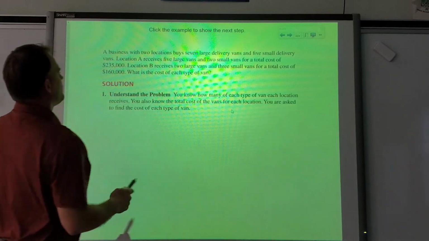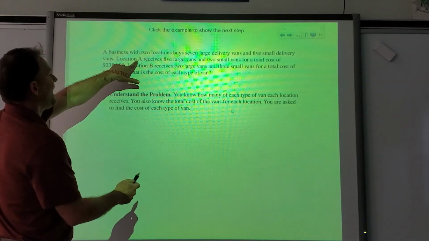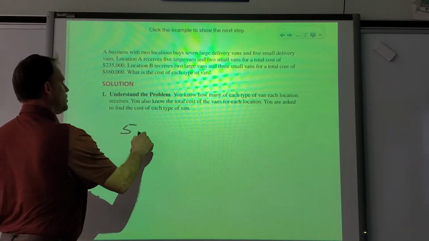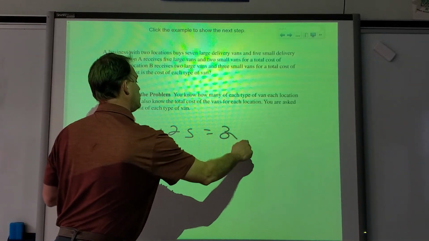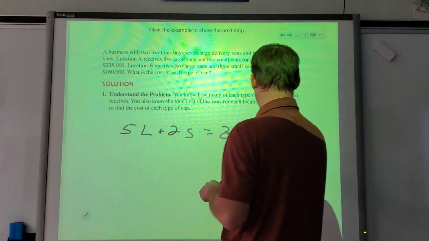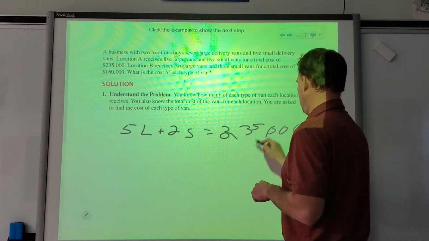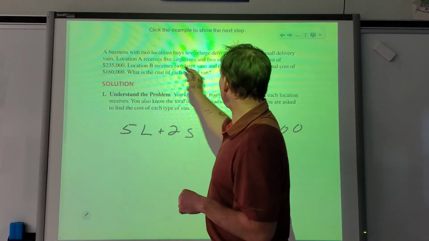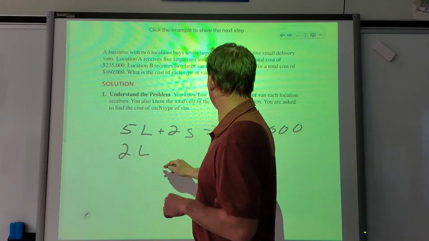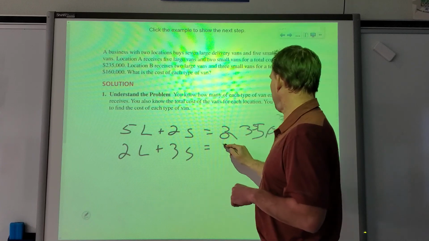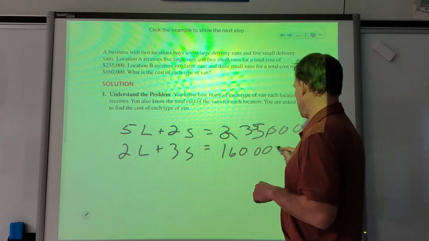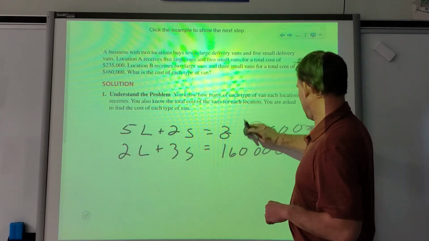They own that many of them. Sorry, I didn't read very carefully. Location A has 5 large and 2 small for 235,000. B is 2 large and 3 small for 160,000. So that's an ugly mess. Let me clean that up.